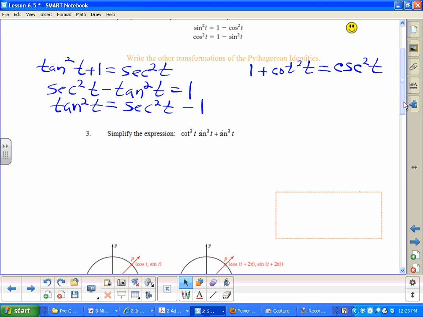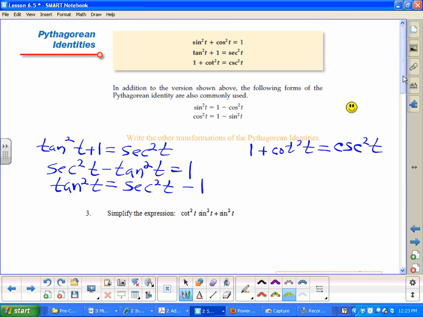So for instance, cotangent squared. I can write that a couple different ways. I could take this identity here and write it as cotangent squared equals cosecant squared minus 1.